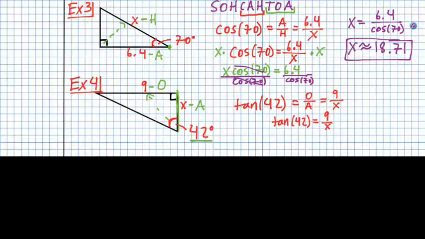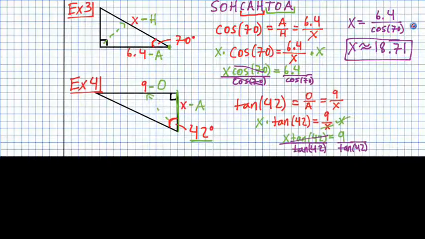I want to multiply both sides again by x, and I'll cancel out this x here, and that leaves me with x tan 42 is equal to 9. And now I want to divide both sides by that tangent of 42, because that's just a number.